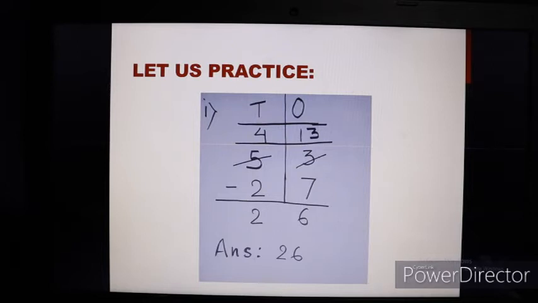Now in the ones place the new number is 13 and we can easily subtract 7 from 13. On the other side, in the tens place the new number is 4 and 4 is bigger than 2. We can subtract 2 from 4, and therefore the answer is 26.